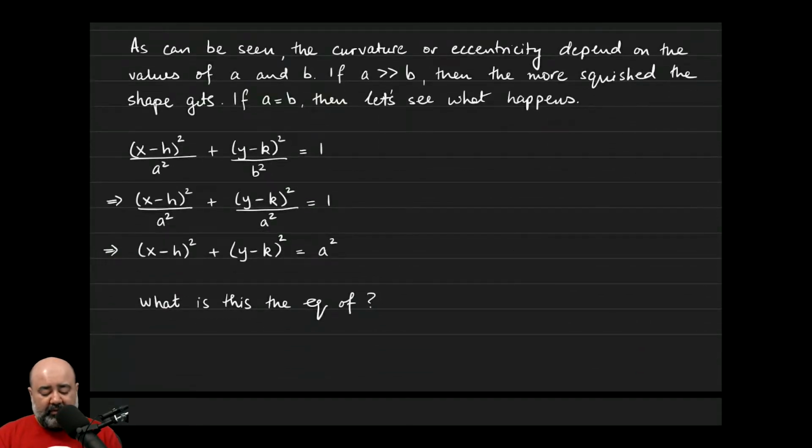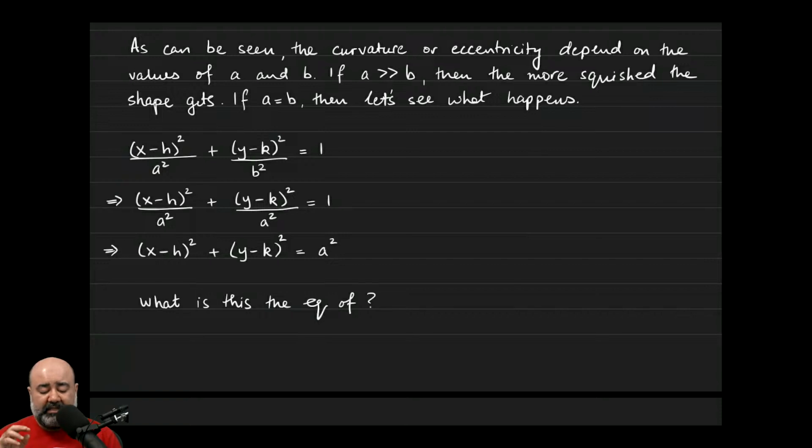Now, hopefully you've developed a feeling that if a and b are close together, then you get a more rounded shape, something close to a circle. And if a and b are very, very far away from each other, meaning one is much larger than the other, you're going to get this squishiness. So the eccentricity, or the curvature, of an ellipse depends on the values of a and b.